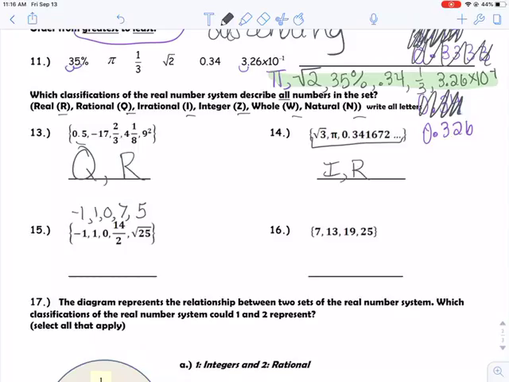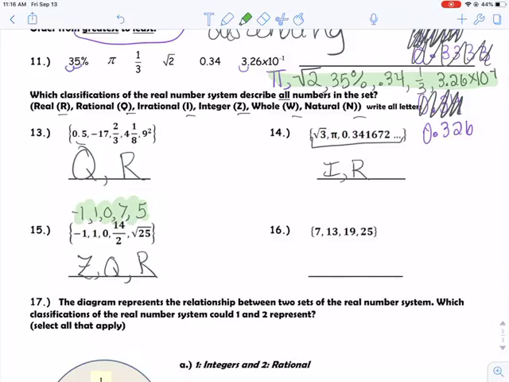Square root of 25 is 5. Are they all natural? No, these two are, but the other ones aren't. What about whole? These 4 are whole, but the other ones aren't. Are they all integers? Yes. So that's where we start. If they're integers, they're also rational, they're also real.